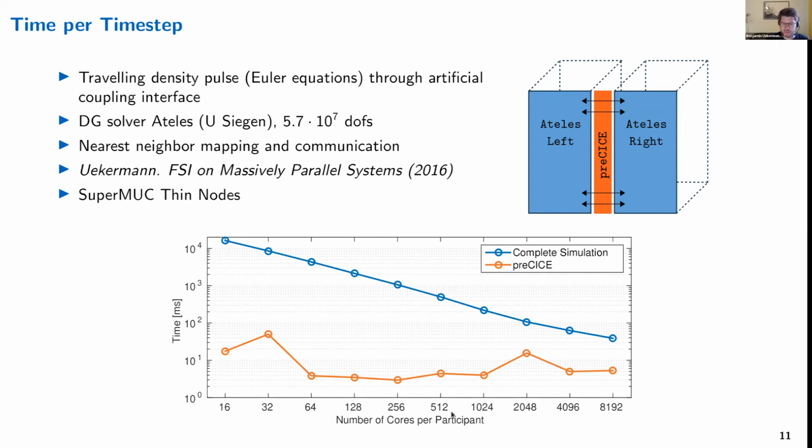And you see that the coupling is much cheaper than the simulation itself. And this way, the coupling does not interfere with the scalability of the simulation, right? Only if you go further, at some point we might run into a problem here. Okay, so this was the time per time step.